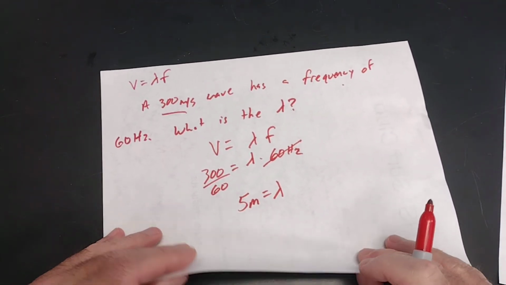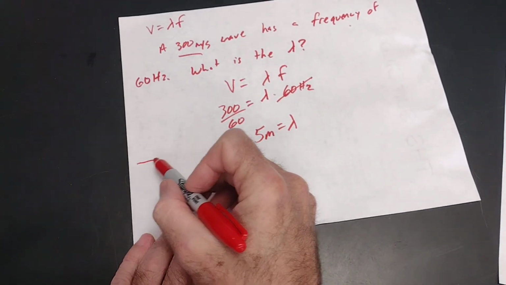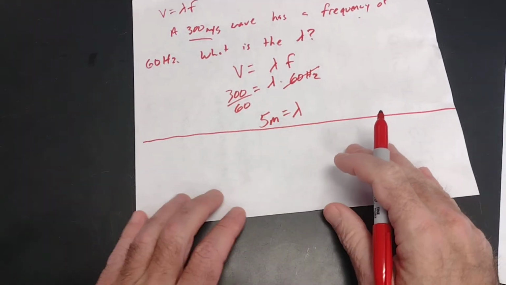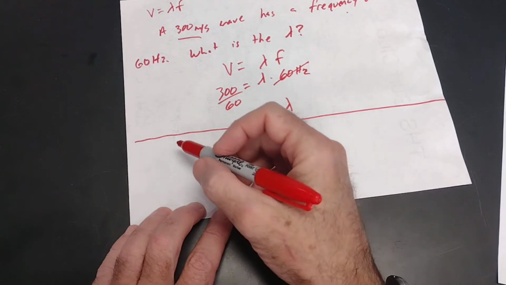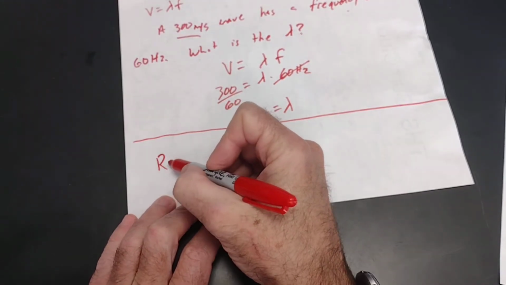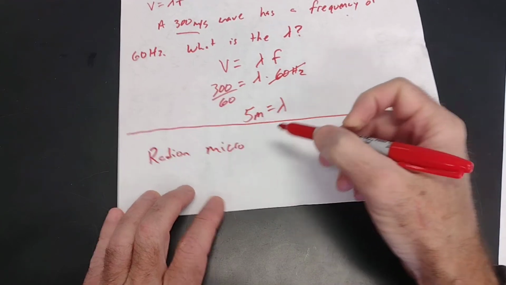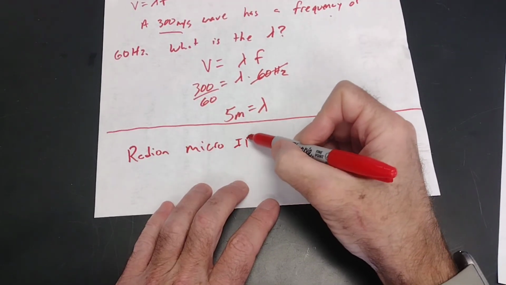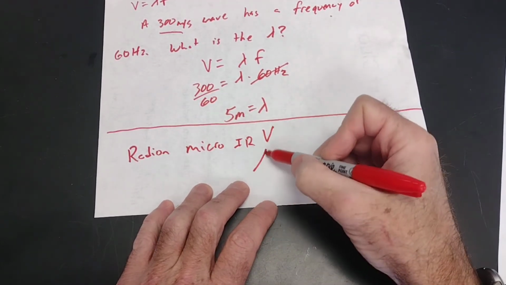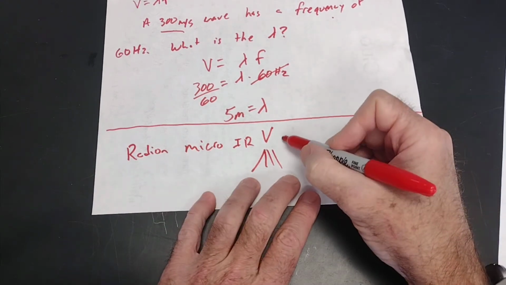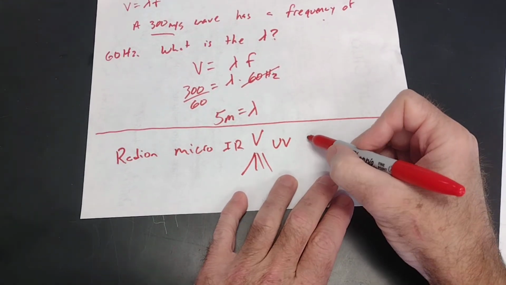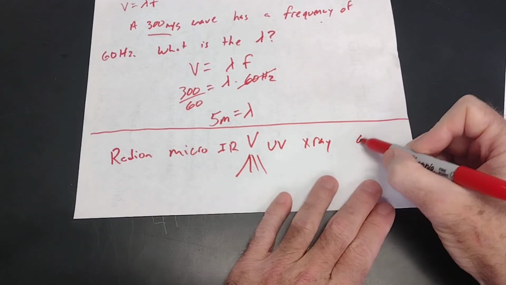Okay? Last thing I want to talk to you about the test. I'm sure there's some other things on here, but one of the last things is the electromagnetic spectrum goes from radio to micro to infrared to visible. These are the colors that you can see. To UV to X-ray to gamma.